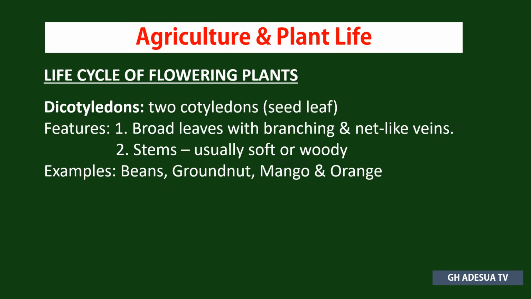It is not parallel like you find on the maize, but in a net form. Then the stems are usually soft or woody, like wood, heavy, tough. The examples are as below: we have beans, groundnut, mango, and orange.